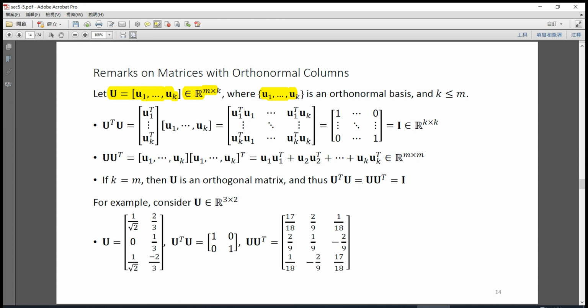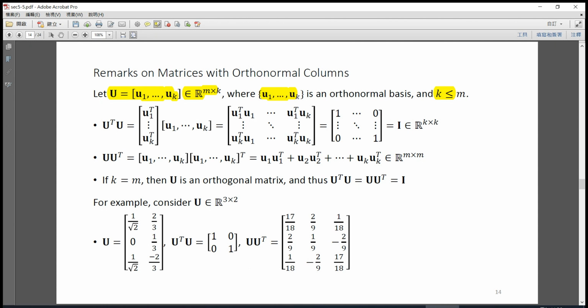And we have k is less than or equal to m, because u1, u2 up to uk are in Rm, and we know no more than m vectors can be linearly independent in Rm, and therefore k is less than or equal to m.